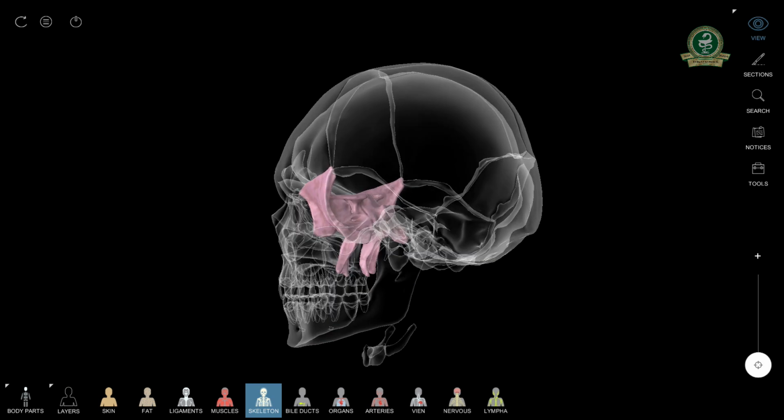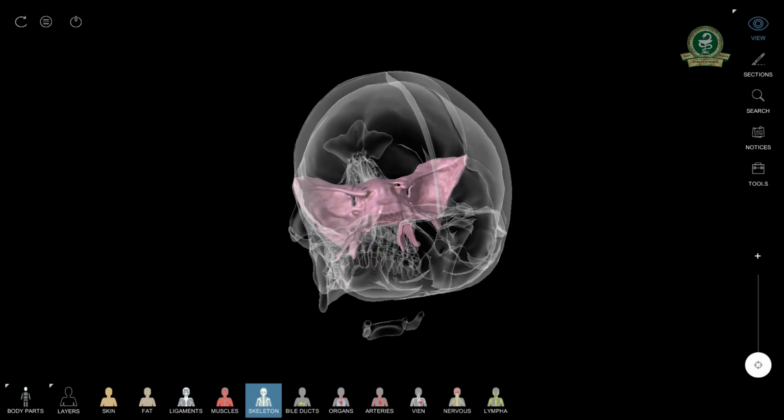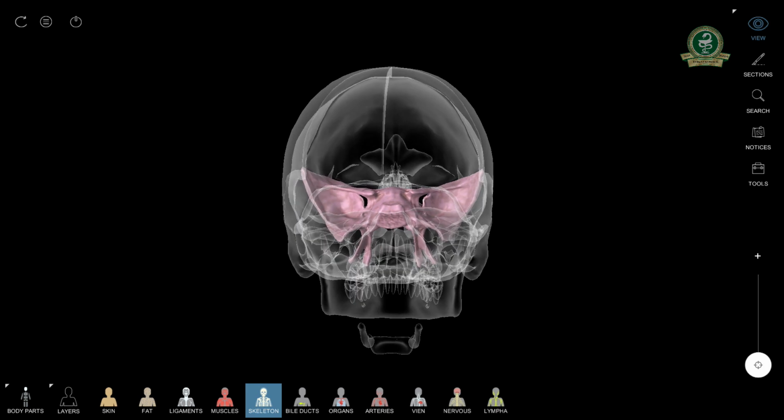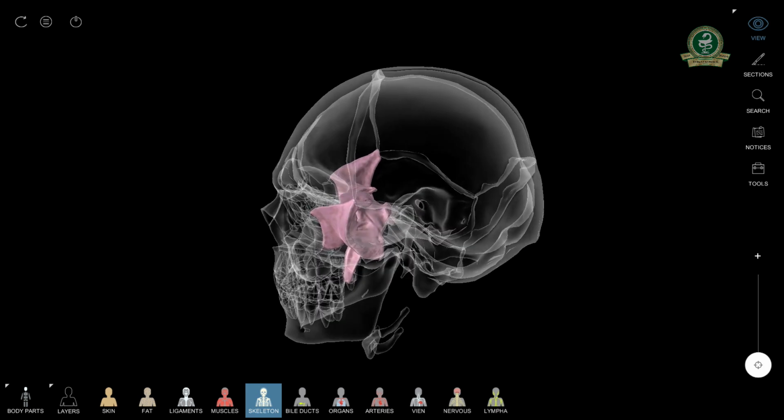Here we have the tubercle of the saddle, and in this saddle we can find the pituitary gland. Okay, we can find the pituitary gland, and we have many foramens there.